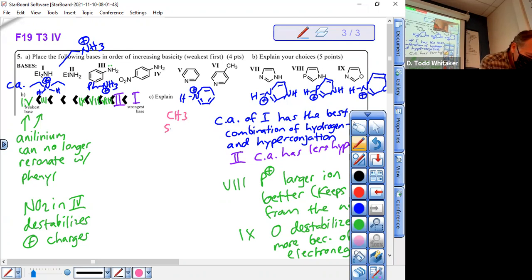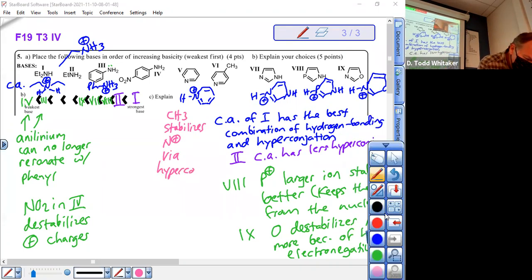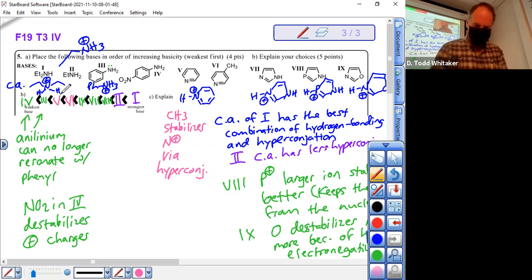CH3 stabilizes N plus via hyperconjugation. Have I written the full word one time? Yeah, I have, so I don't have to do that. Wrote the full word here. So I like this base making that better than this base making that. VI is a little better than V. And there you go.